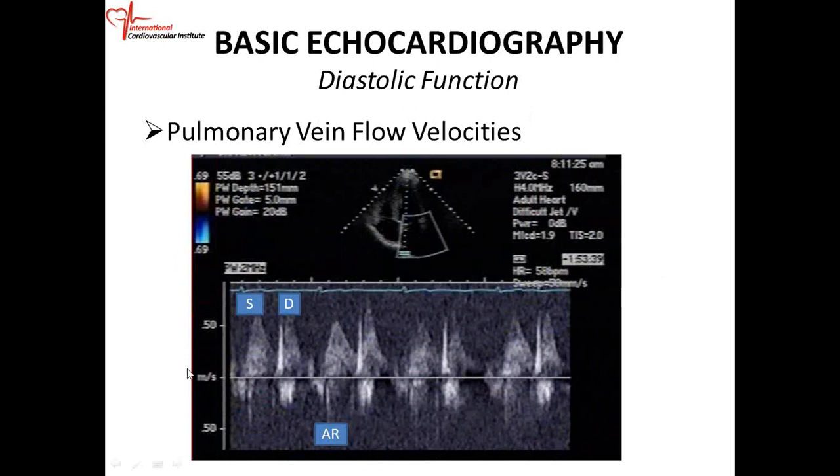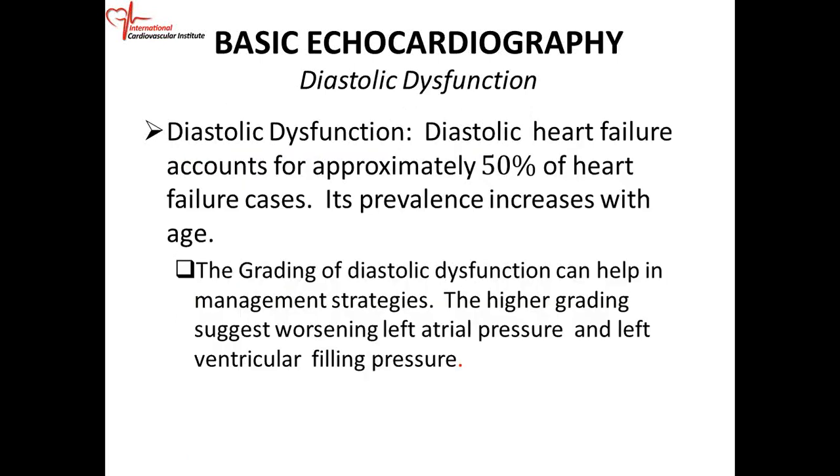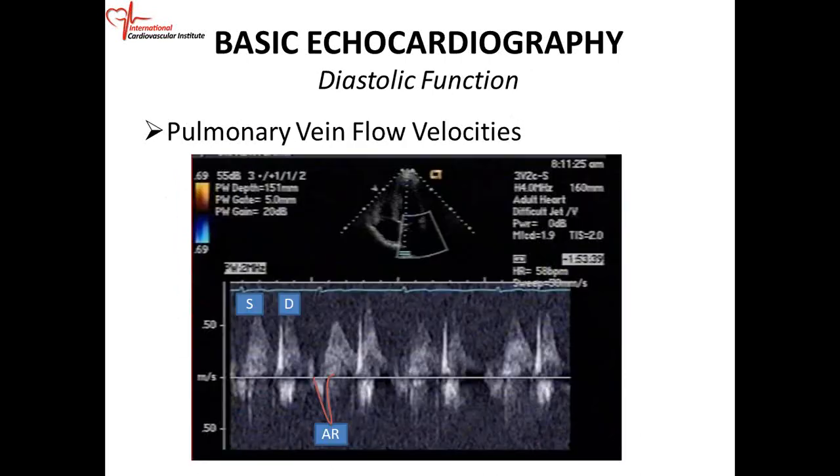So your ECG is on top. You get your systolic component, your diastolic component, and then you get an atrial reversal component. Okay, and in a normal individual, the systolic component is greater than the diastolic component.